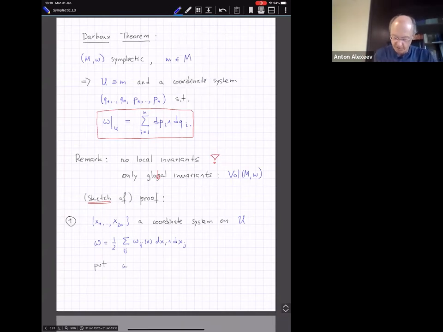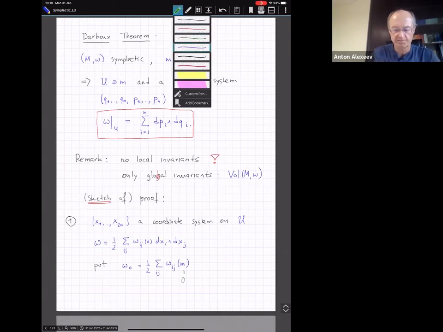I denote by omega naught a new two-form, which is just constant. I just take the value of omega ij at M. And I'm usually thinking that in this coordinate system, M is just 0. Right? So my coordinate system is centered at M.